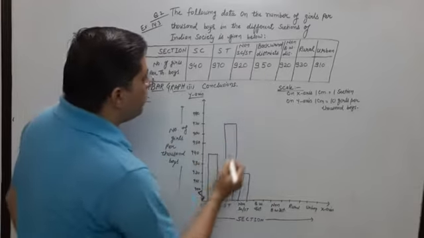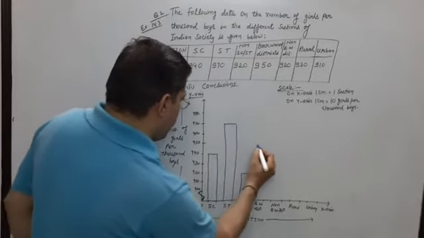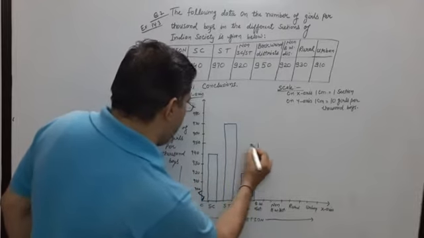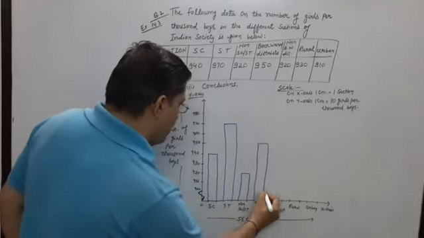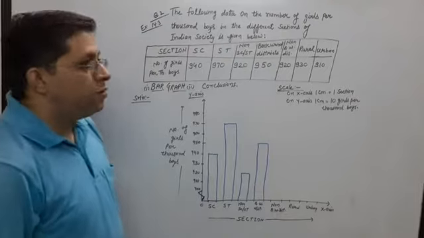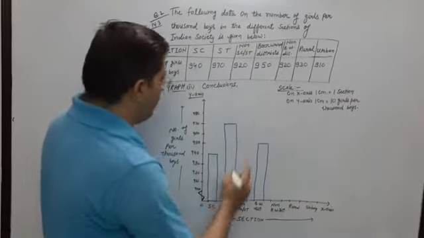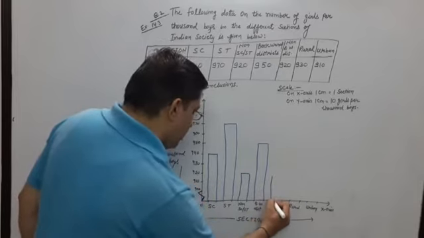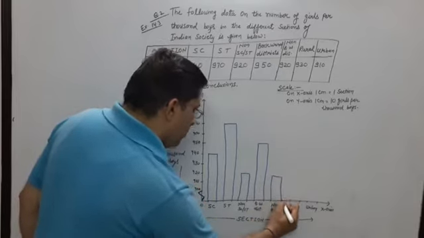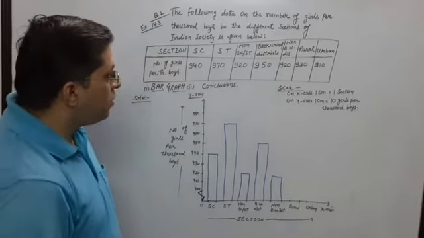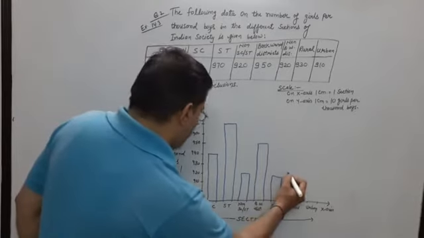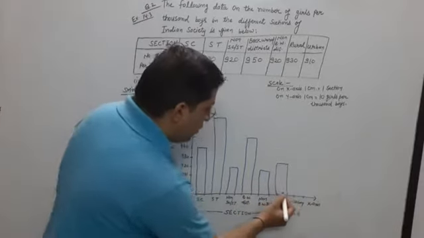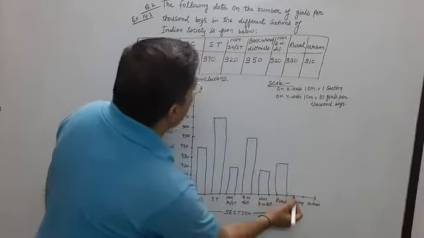Backward districts, 950, like this. Non-backward districts are 920. Rural is 930. Now urban, how many is urban?